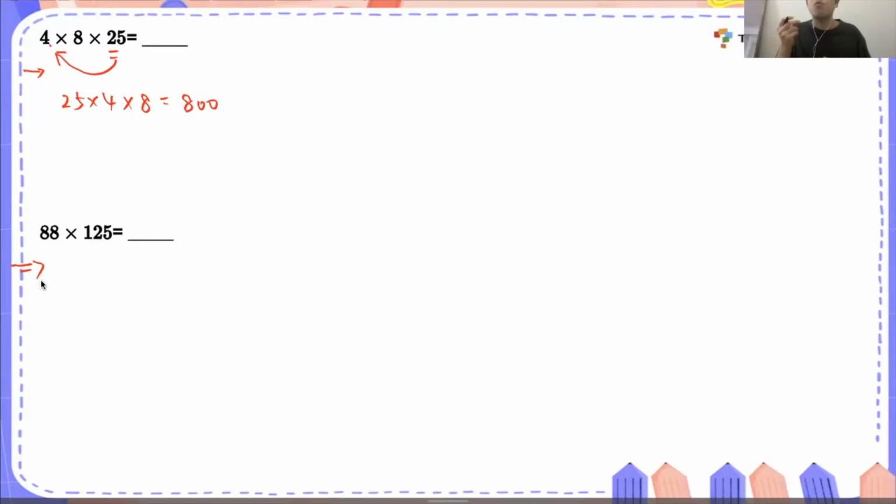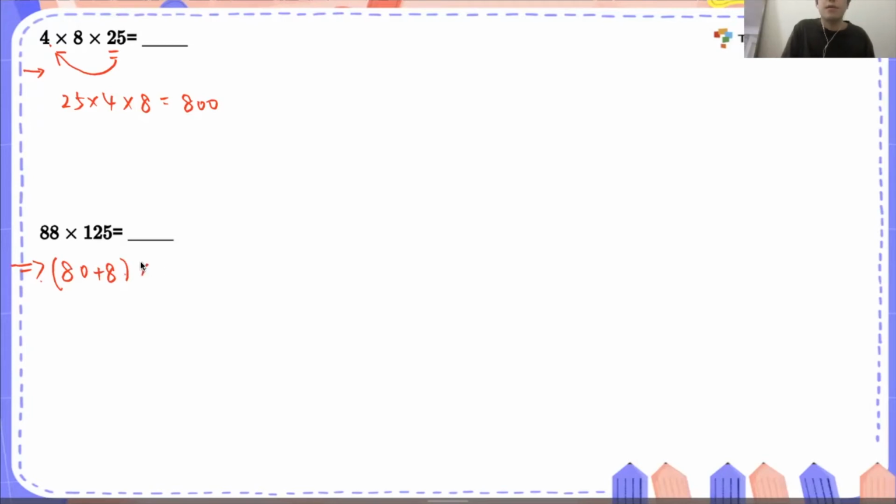Okay, so how about the second question? 88 times 125. So how do you make this multiplication easier? Maybe someone asked me, we can do 2 types. One is we just separate 88 into 80 and 8, because we know when we do 125, we need to find 8.